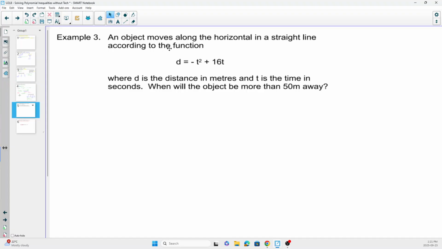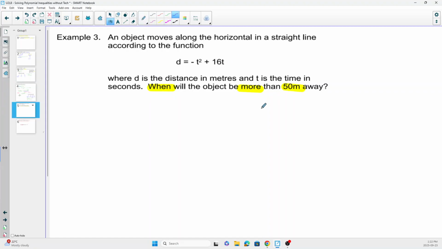So we have an object that's moving along the horizontal in a straight line according to the function: the distance is equal to negative time squared plus 16 times time, where d is the distance in meters and t is the time in seconds. So at what time, we're solving for t, when will the object be more than 50 meters away?